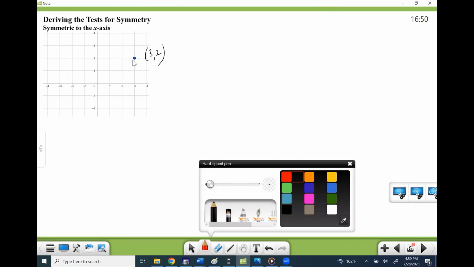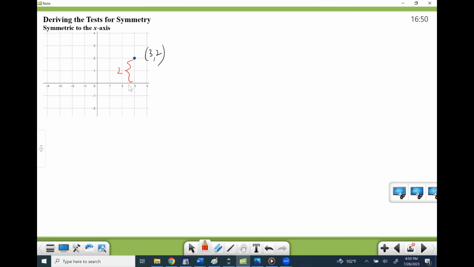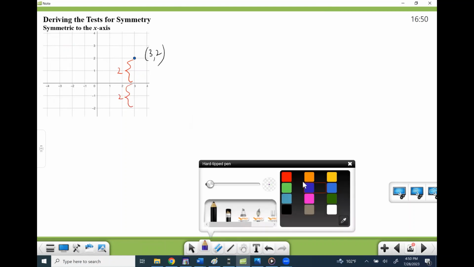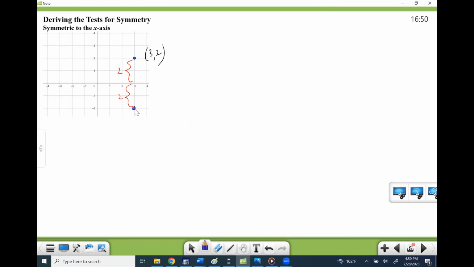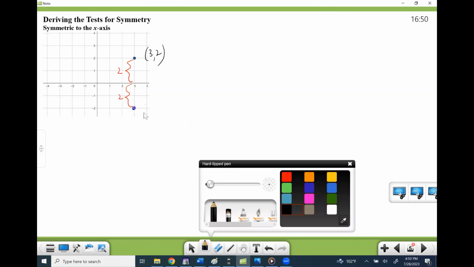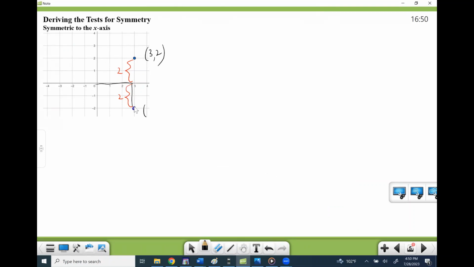Well, this is 2 spaces away. So we would need to go 2 spaces away and put its reflection. The ordered pair for that is we still went over 3, but now we went down 2. So it's going to be 3, -2.